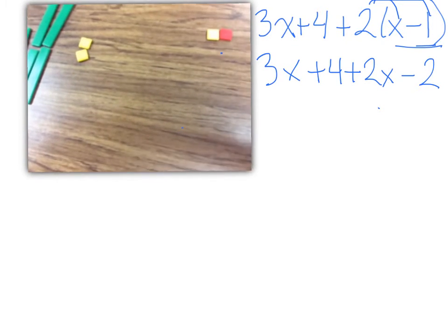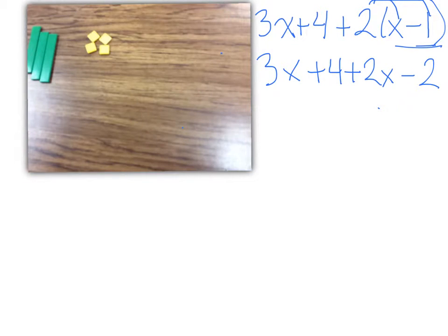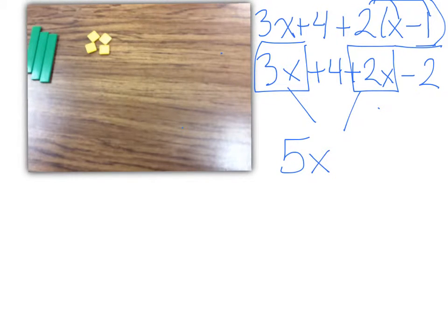So now let's go ahead and work that out algebraically. So again, I'm going to use a shape here to designate my different terms. So I'm going to have 5x, and then combine my constants, I end up with 4 minus 2, which is positive 2.